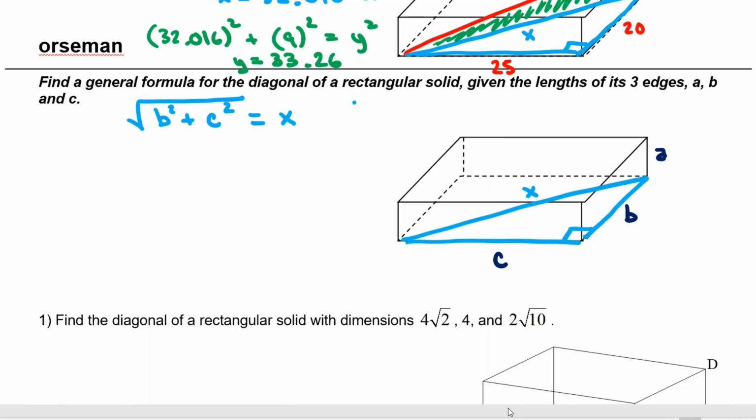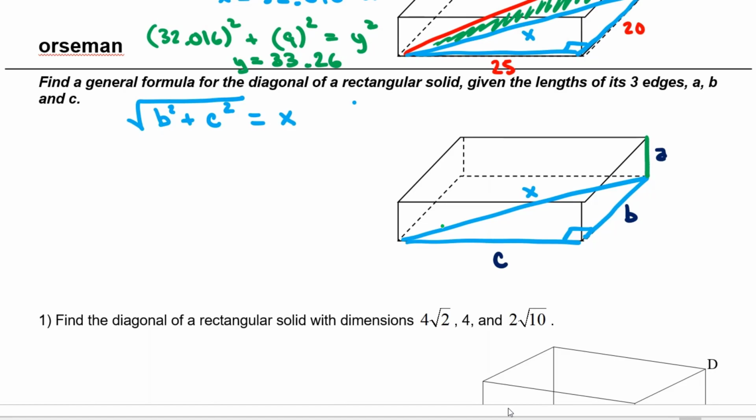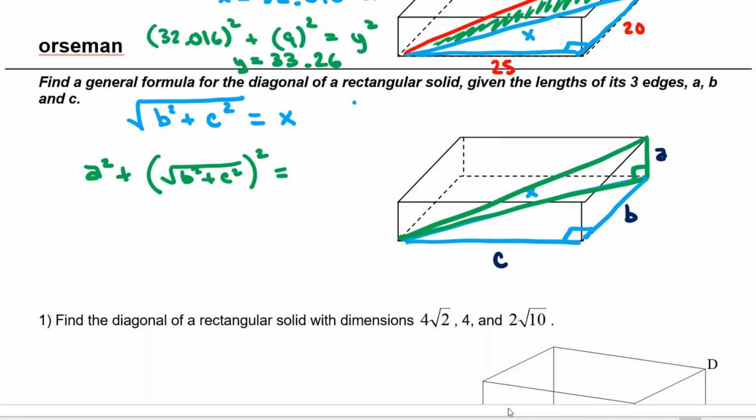And then, knowing that, I'm going to take a look at this triangle again, where the right angle is right there. And I know it's going to be a squared plus this x squared, or b squared plus c squared, the square root of that, squared, equals, let's call it y squared, like that.